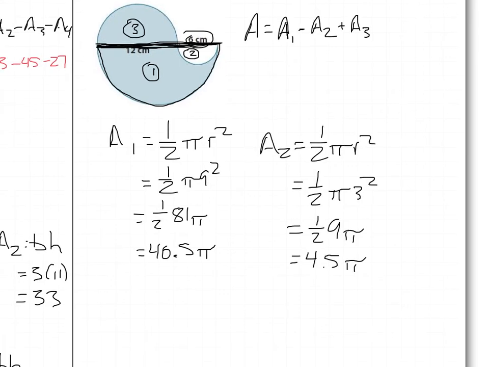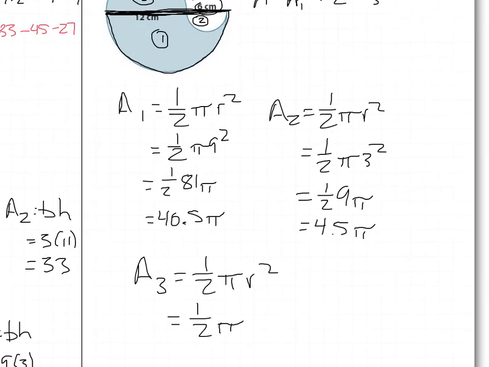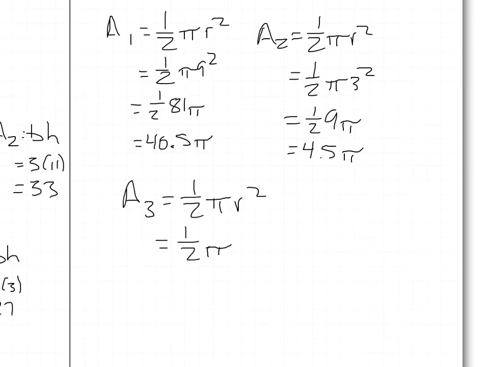And finally, area 3 is a semicircle, so 1/2 of pi times radius squared. The radius here, we can see the diameter is labeled as 12, so the radius is 6. So this is half of 36 pi, which is equal to 18 pi.